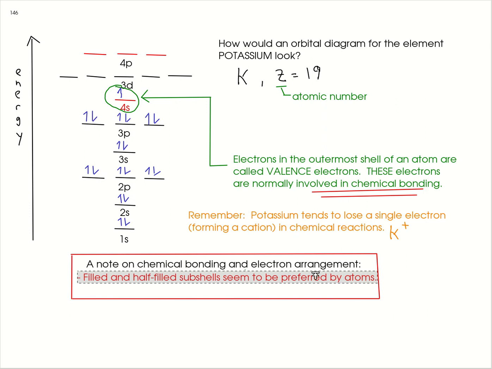So if potassium loses this one electron on the outside, what's it left with? Well, it's left with all of these subshells that are completely full. So potassium apparently is satisfied with that. So if you know how the electrons are arranged around an atom, you can predict something about the atom's chemistry.